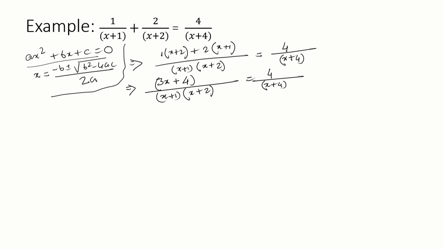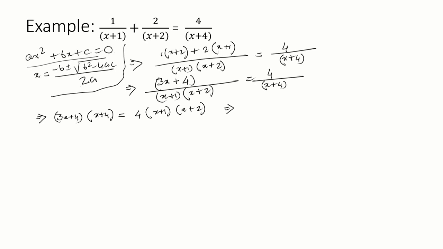So now if we multiply both sides of the equation by x plus 1 times x plus 2 times x plus 4, what we get is 3x plus 4 times x plus 4 equals 4 times x plus 1 times x plus 2.